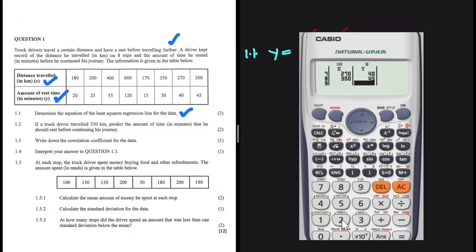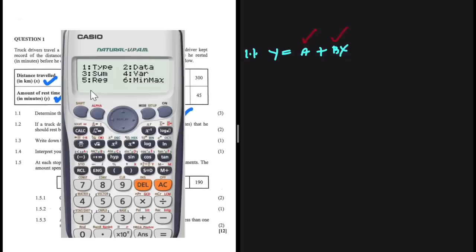You have to verify that you've entered the correct data, because if you make a mistake when you enter your data, all your answers are going to be incorrect. So after entering your data, you press equals a couple of times, you press AC. After doing that, we have shift 1, and then we go to 5, regression. It can be option 6 on a different calculator, it doesn't matter, but we want regression.